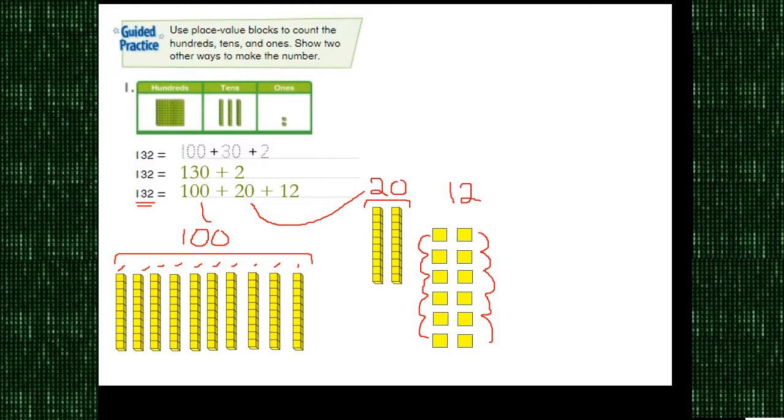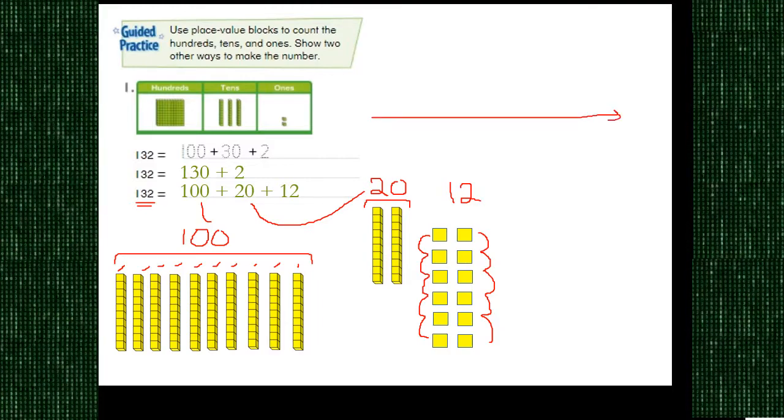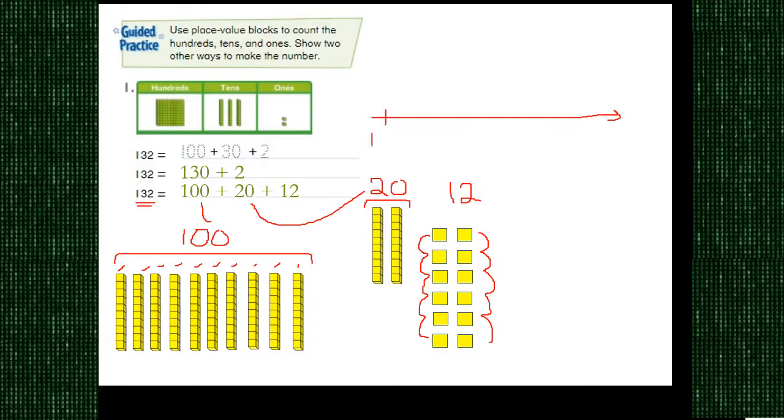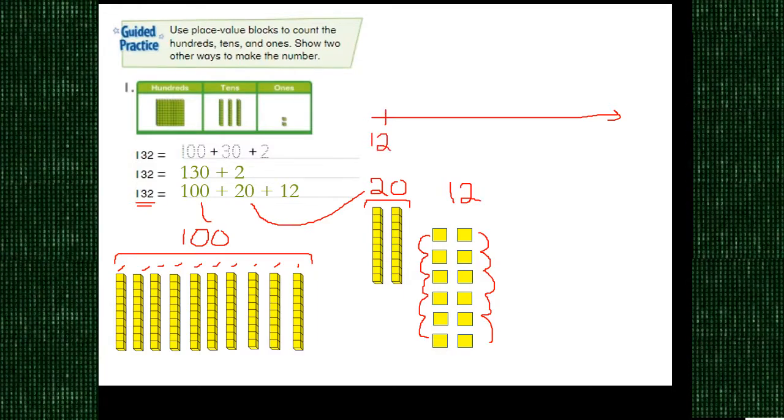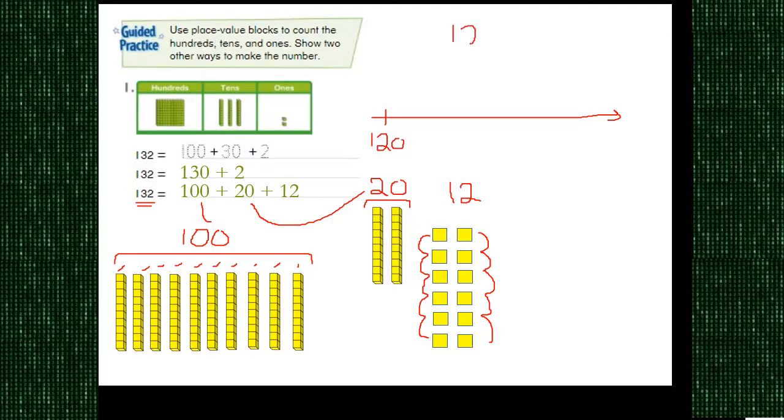And if you don't feel comfortable adding big numbers like that, the way I'm doing, no problem. Start at 120 and add 12.